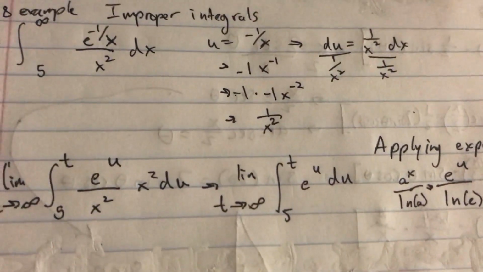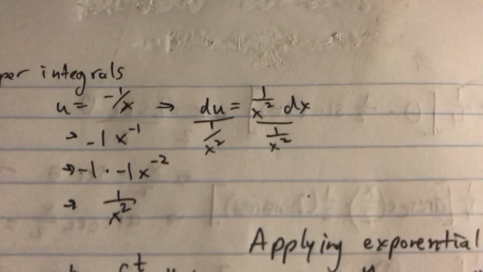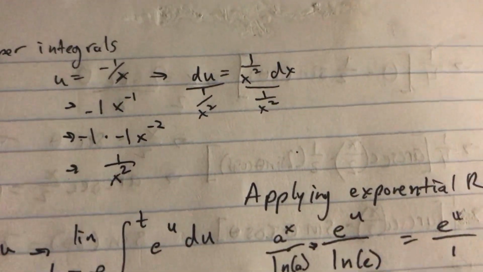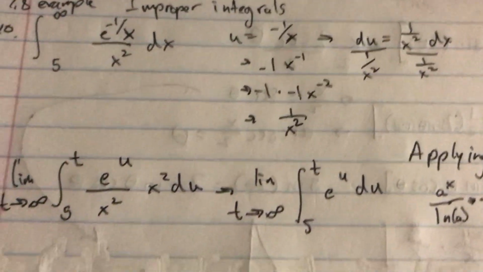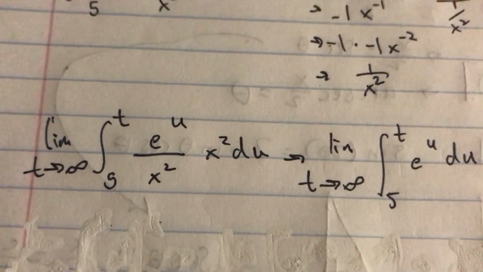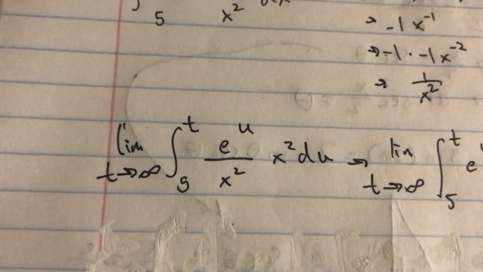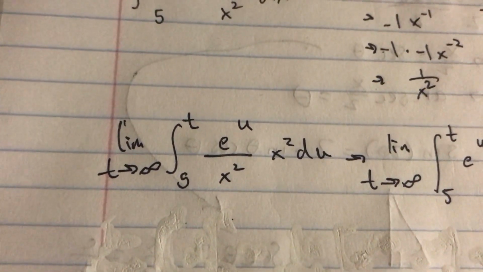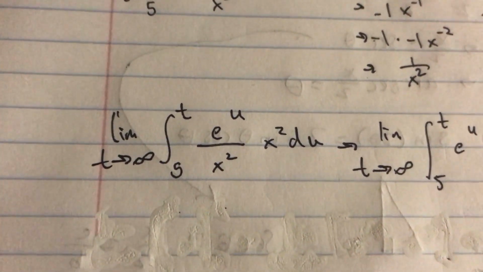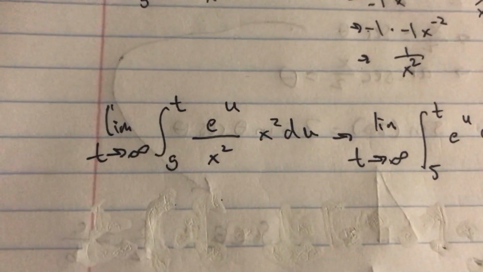And then I divided both sides by 1 over x squared, so now it should be x squared du. And I also took the limit as t approaches infinity, and I just replaced the infinity with t as a variable.